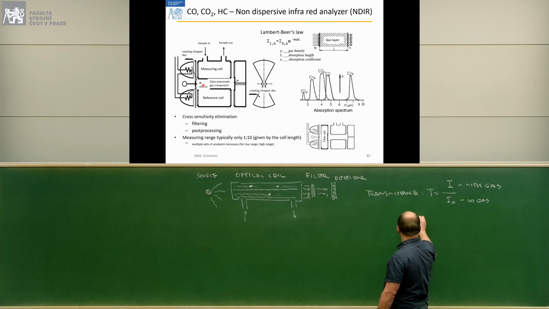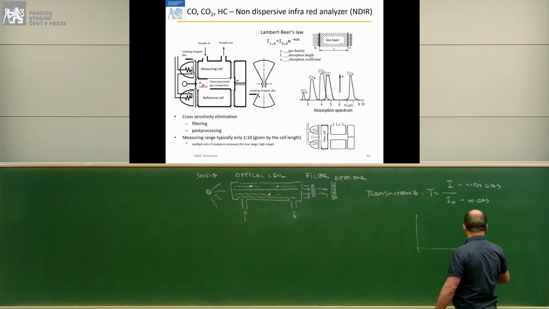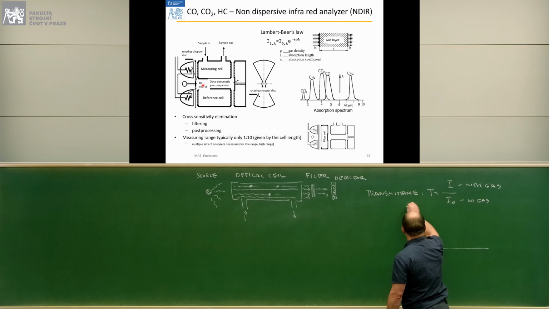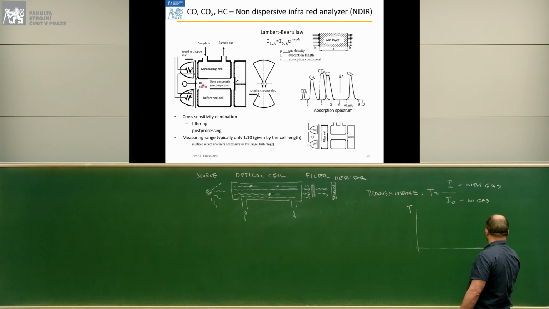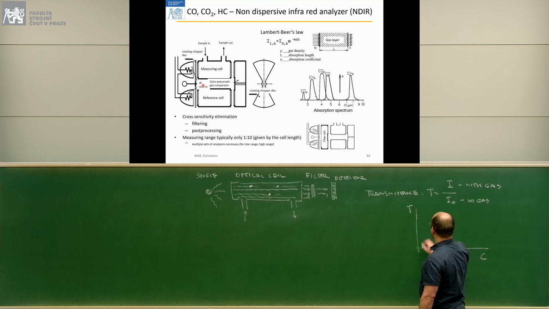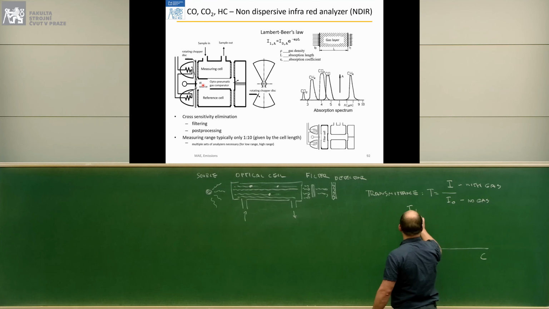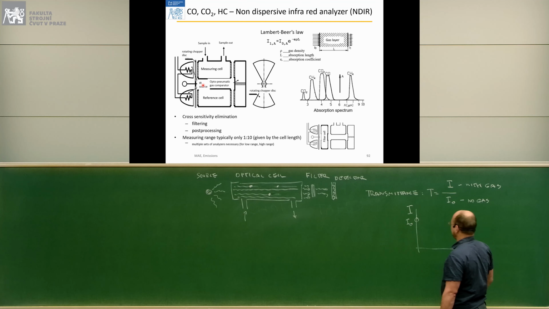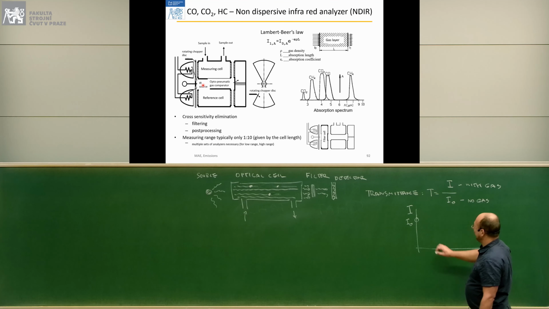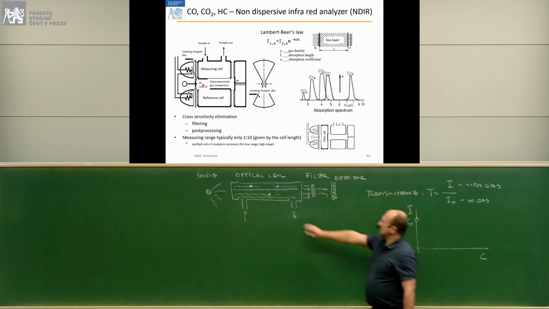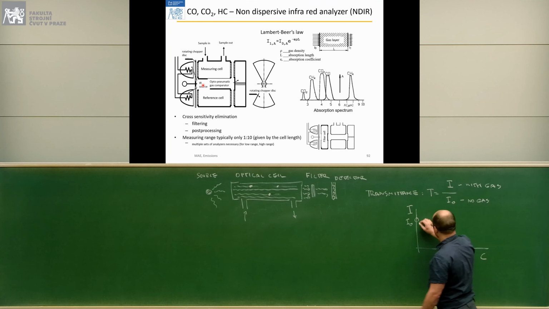If you plot transmittance as a function of the concentration of a given gas, or if we plot the intensity of the light, and this is the intensity at zero concentration, then this starts declining.